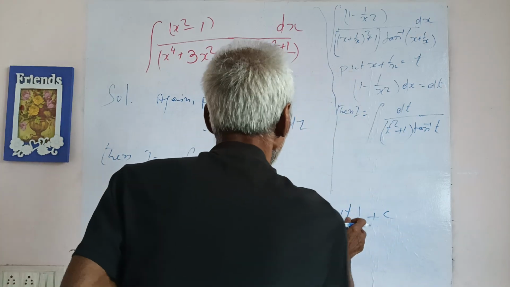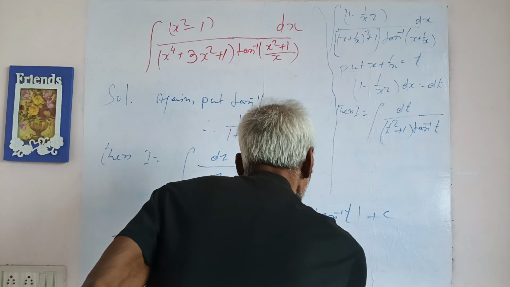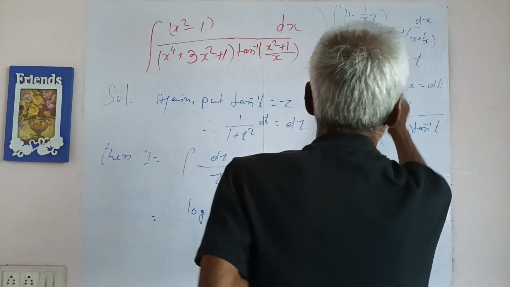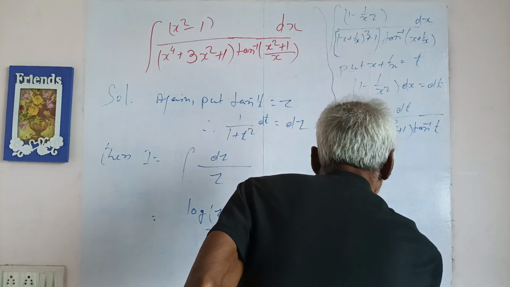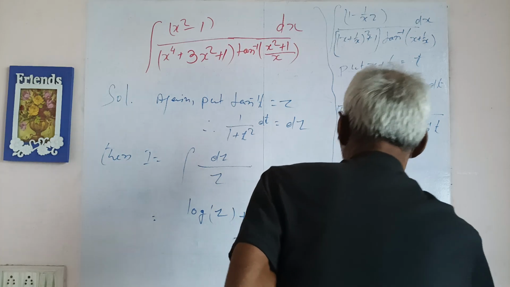Now put the value of t, t is equal to x plus 1 by x, so log tan inverse of x plus 1 by x plus c. This is the final answer.